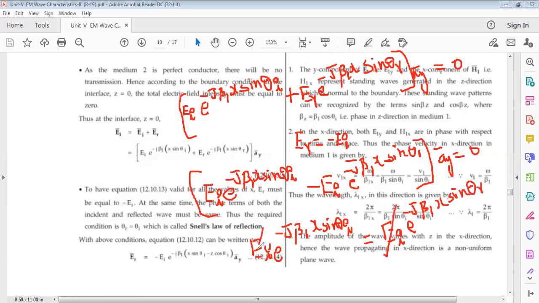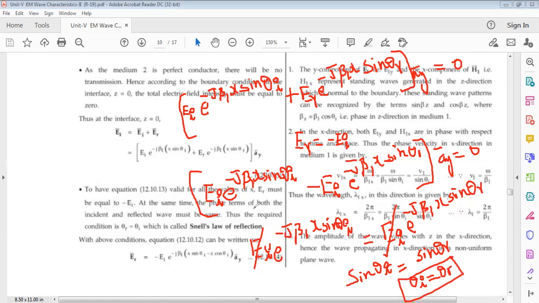So EI gets cancelled. Both are exponentials with a negative sign. J beta 1 x is also common. So sine theta I is equal to sine theta r, which means theta I is equal to theta r. Okay, nothing but Snell's law of reflection.